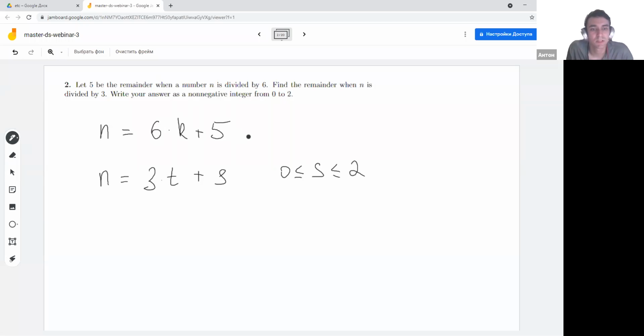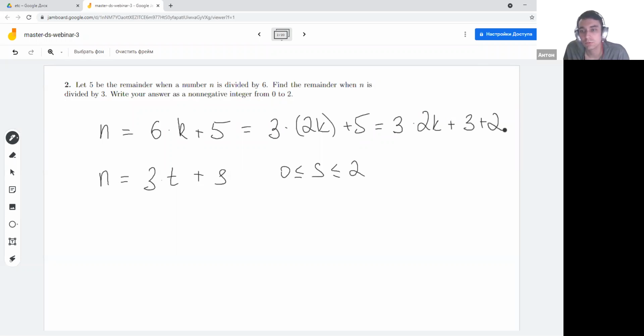Well, let's proceed with our first equality. So we have n equals 6k plus 5, which means that it is 3 times 2k plus 5, which means it is 3 times 2k plus 3 plus 2.